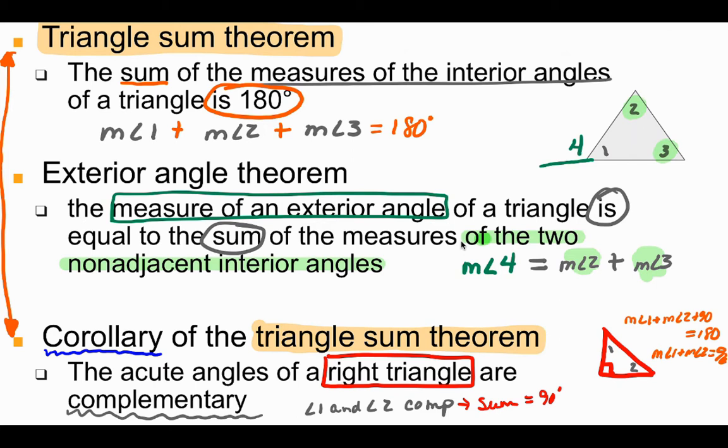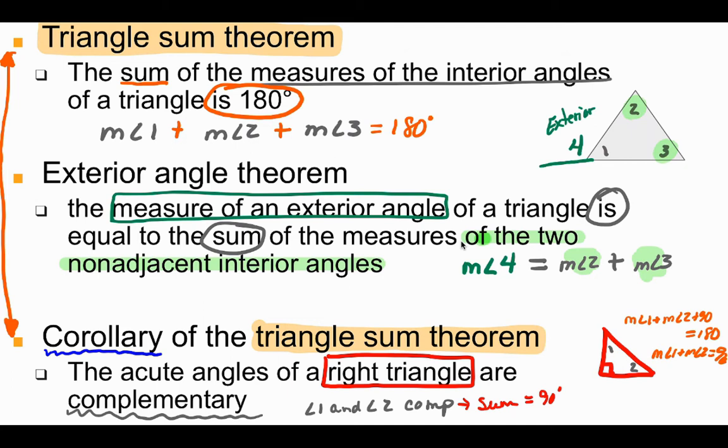We also have an exterior angle theorem. Remember, in order to get an exterior angle, go to the vertex and extend one of the sides. We're going to have a theorem that tells us how to calculate the measure of the exterior angle.